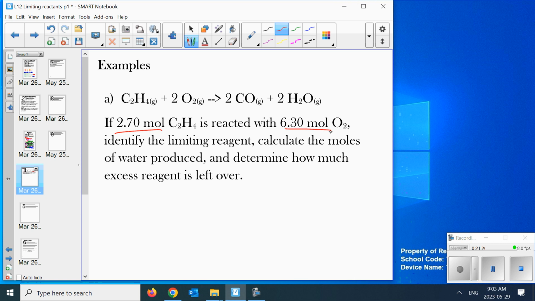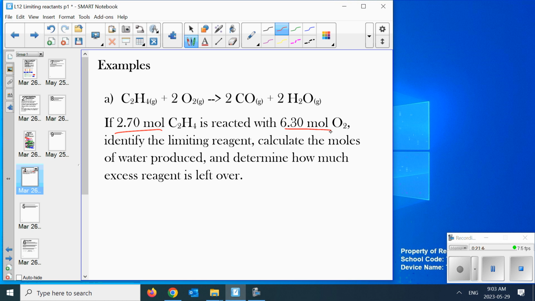It's already in moles, so we don't have to convert to moles as our first step. Sometimes I can give you one in grams and one in moles too, so you don't have to convert one. Identify the limiting reagent, calculate the moles of water produced, and how much excess is left over.